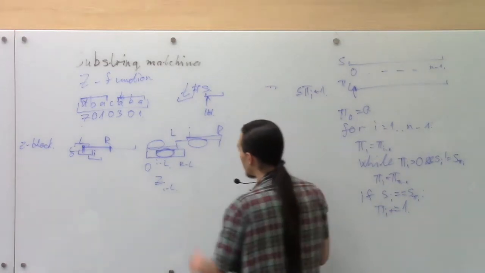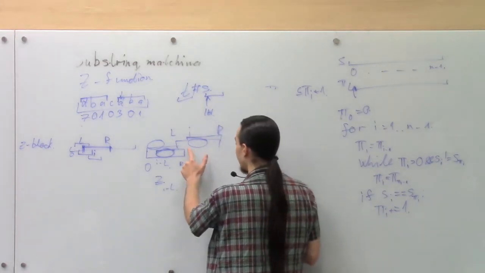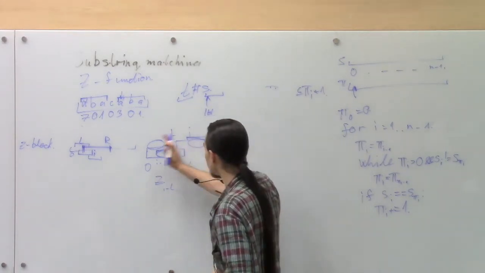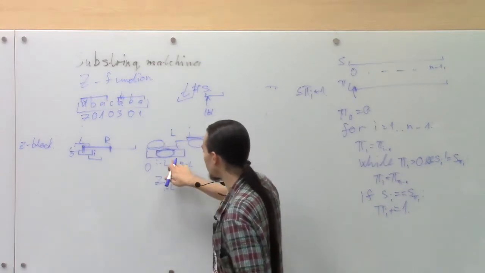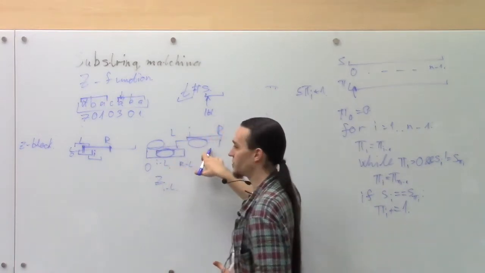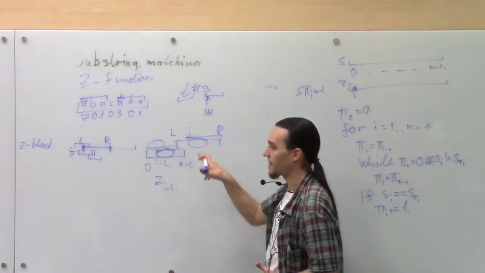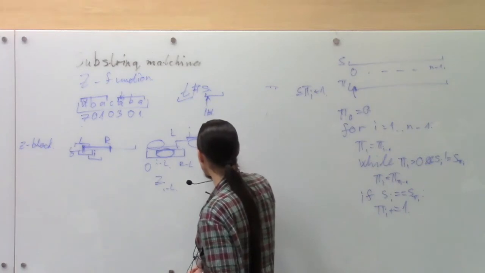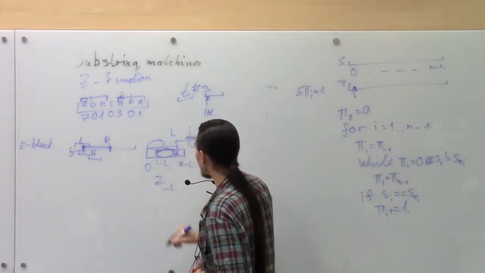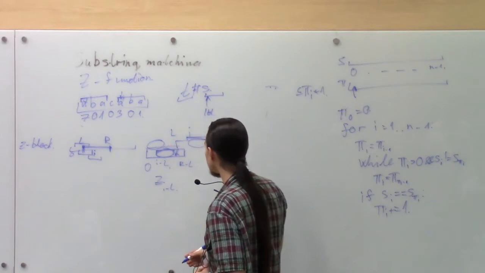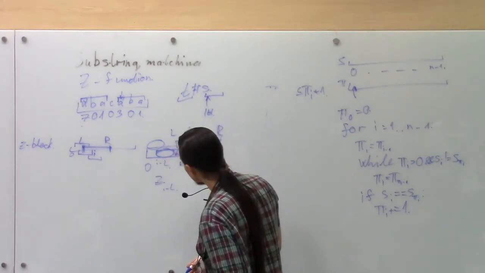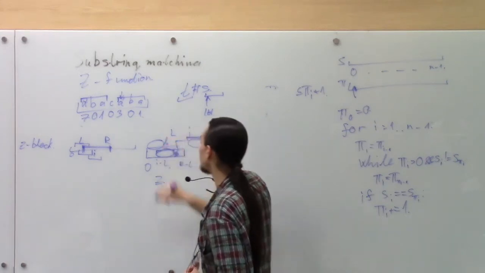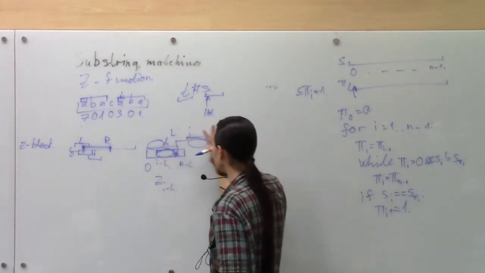If we assume that this substring ends before the end of our Z block, then since it cannot be continued forward here, it cannot be continued forward here either, since we still have the correspondence within the substrings. So these are different characters, like A and B; here we have A and A, but here we have B. We can see that these cannot be continued.